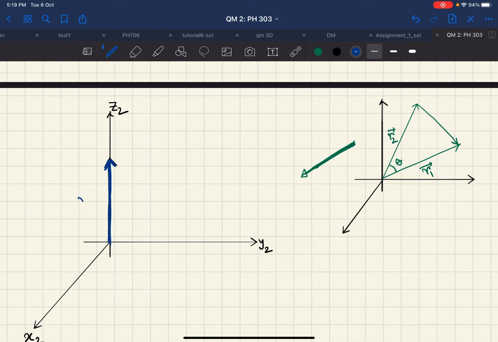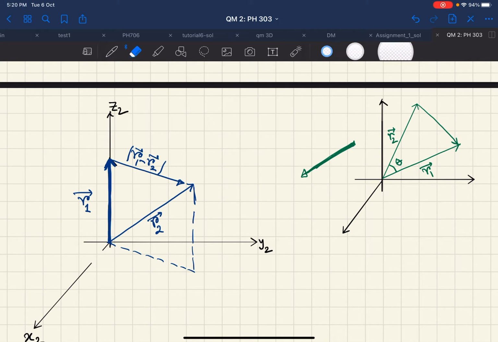So once I choose the r1 vector along the z2 direction, the r2 vector is somewhere here, and this is going to be my mod r1 minus r2, and this projection is going to be the phi 2, and this is going to be my theta 2.